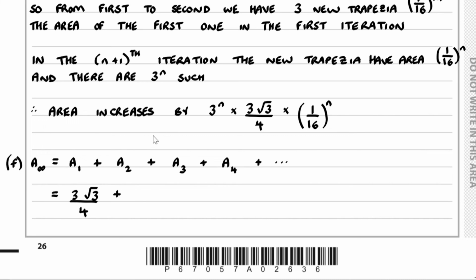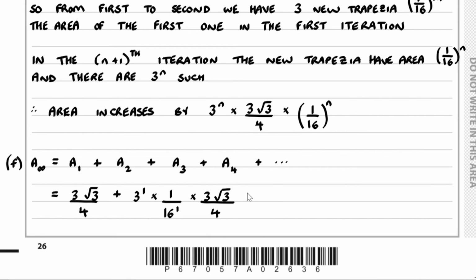And then a2, well, the area will increase by 3 to the n times 3√3/4 times 1/16 to the n. So here we times this area by 3 to the 1 times 1/16 to the 1. So if I times that area, like so, this is a2.